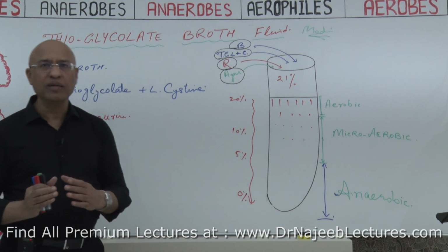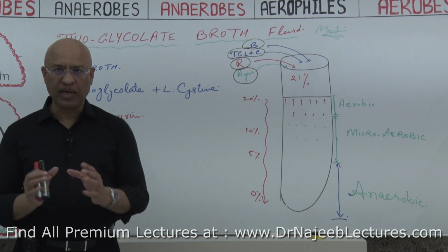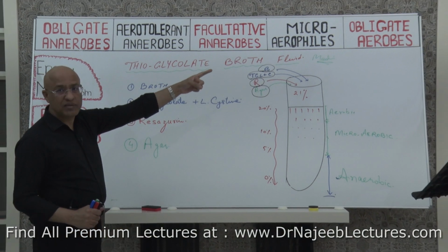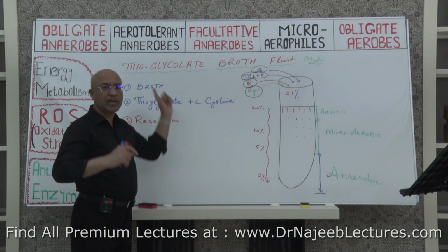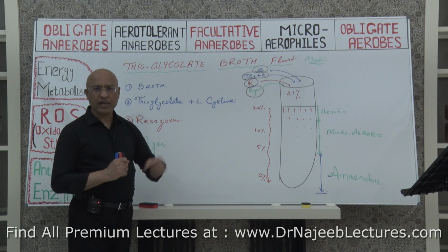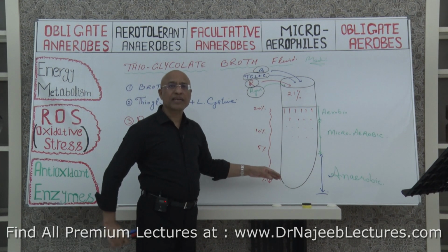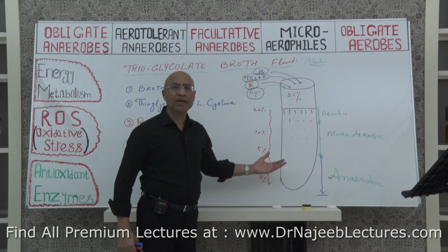So now we have culture media. Suppose we have 5 tubes for these 5 categories, and in every tube we put one of these 5 categories. We will see how bacteria make a growth pattern.